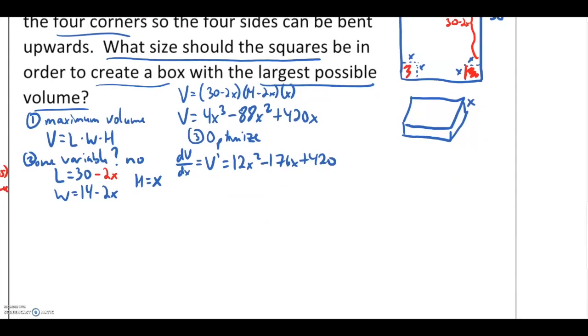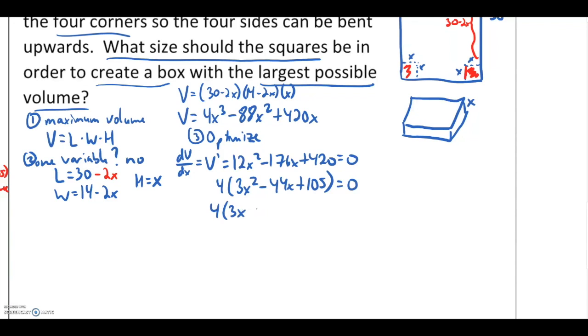I'm not even going to pretend that we have to worry about the does not exist case here because it's a polynomial, so we're just going to focus on setting this equal to 0. Going for a greatest common factor first, that greatest common factor will be 4 to give us 3x squared minus 44x plus 105. Big one to factor, but hopefully we can get there.